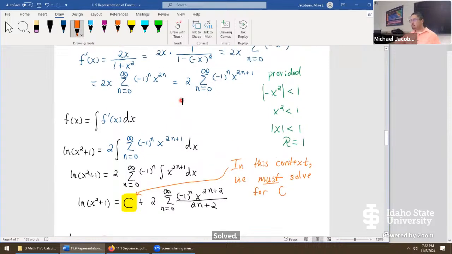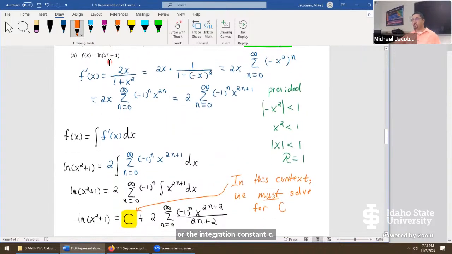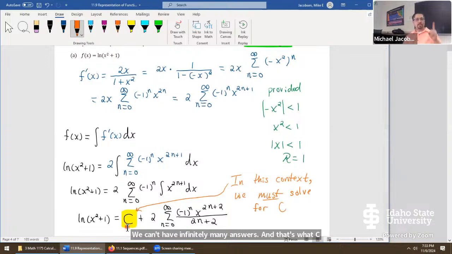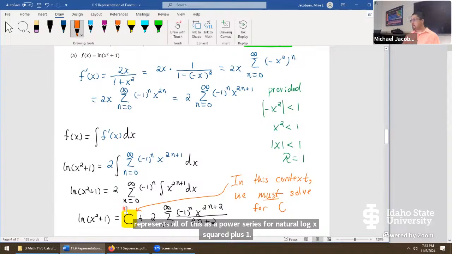The reason is that if we're looking for a representation of natural log x squared plus 1, we can't have infinitely many answers, and that's what c is representing. It's any real number whatsoever. We want the one real number that represents all of this as a power series for natural log x squared plus 1. So we have to solve for that constant c.